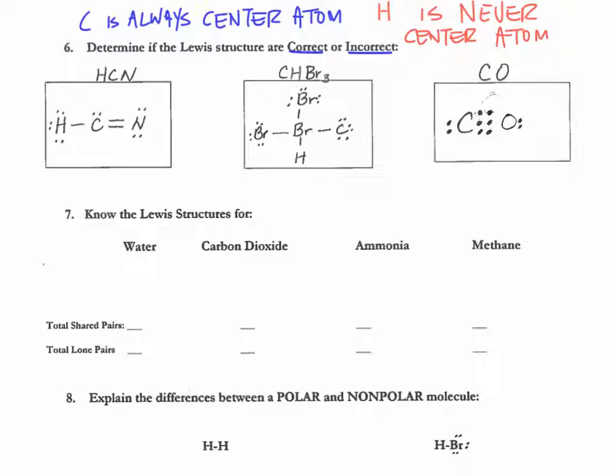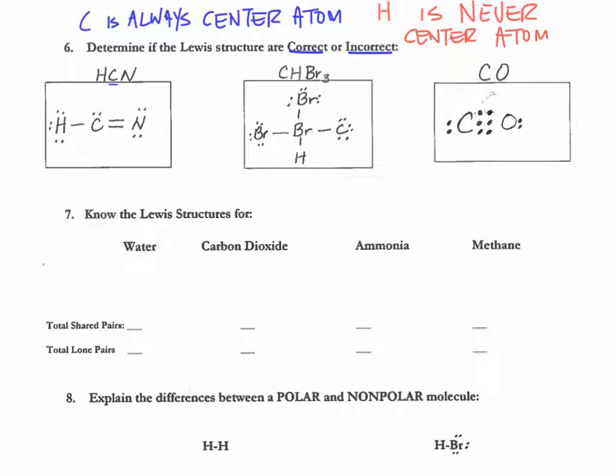So starting with the first one here on the left, I've got HCN. I've got carbon in my formula, so carbon should be in the center, and it is. Okay, so now let's count the electrons. Hydrogen has 2 electrons here in a single bond, so that's 2 plus 3, 4, 5, 6, 7, 8.